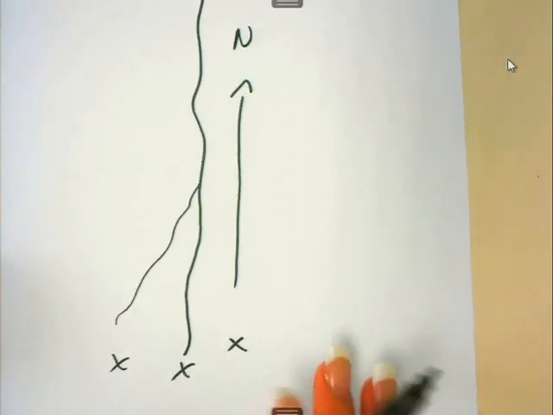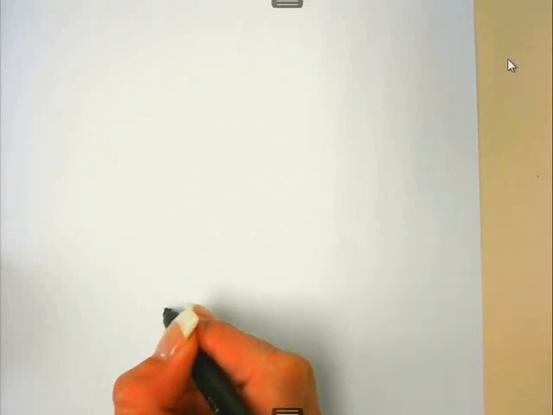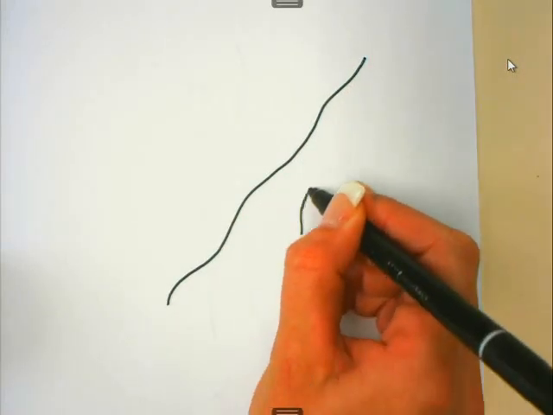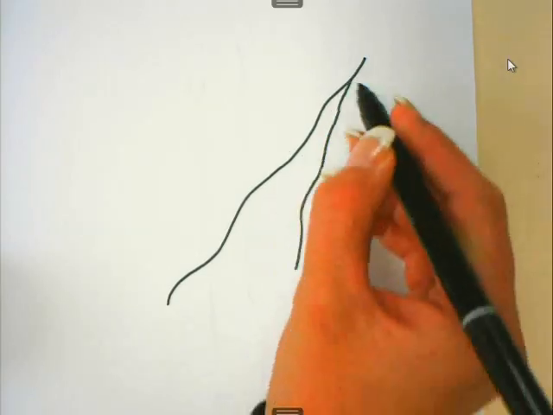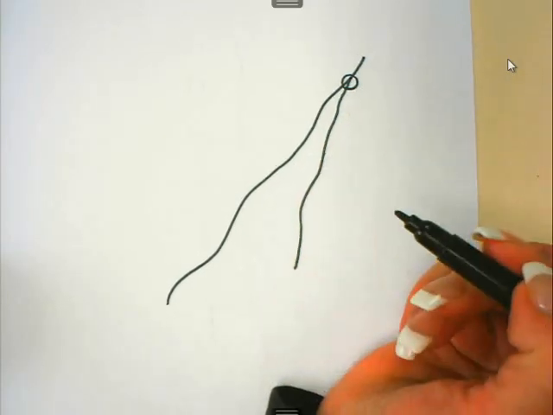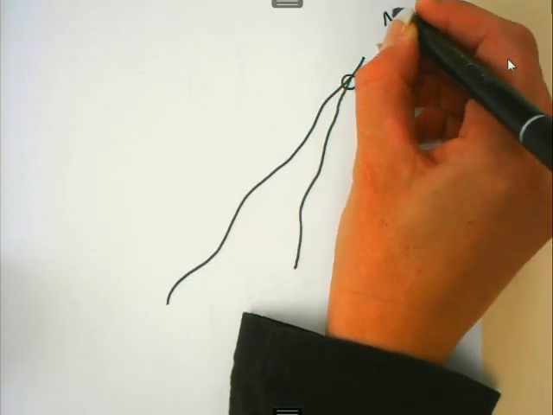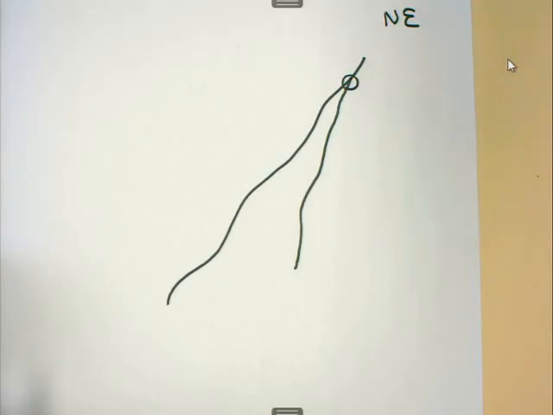If I take another example, let's do another one. I have flow of a river and it is joined by a tributary like that. There is the confluence. Then this river will flow in the northeasterly direction.